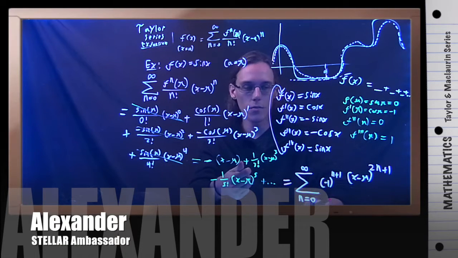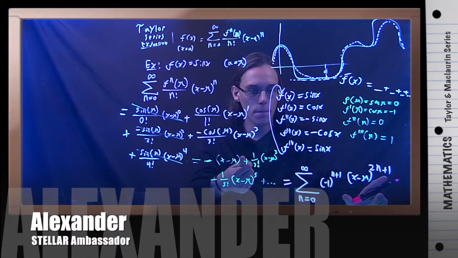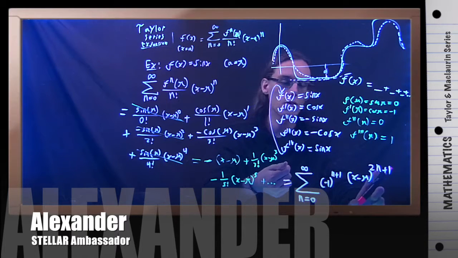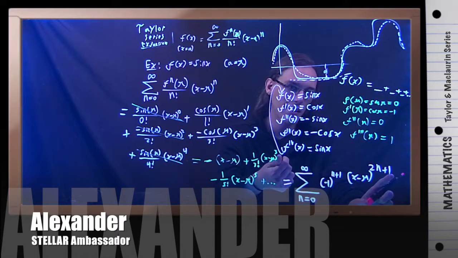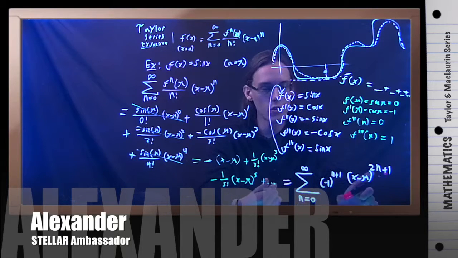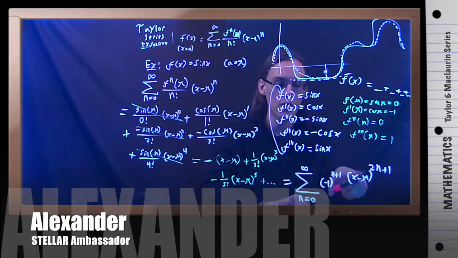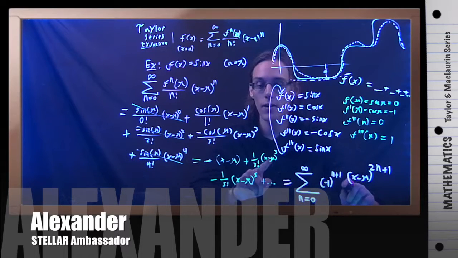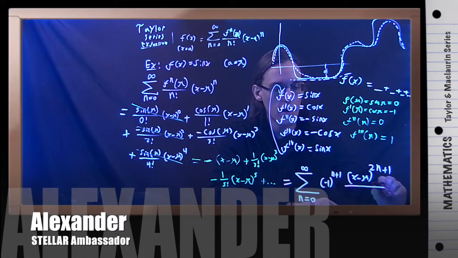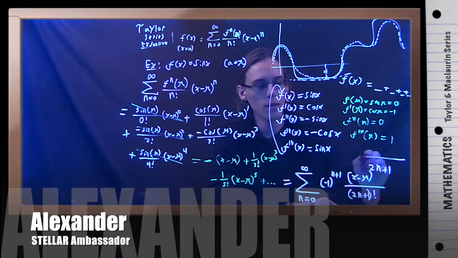So when n is 0, 2 times 0 is 0, plus 1 is 1. When n is 1, 2 times 1 is 2, plus 1 is 3. When n is 2, 2 times 2 is 4, plus 1 is 5, and so you can see that pattern carrying on. And in the bottom, we have the same number as a factorial. So that's just going to be (2n plus 1) factorial.